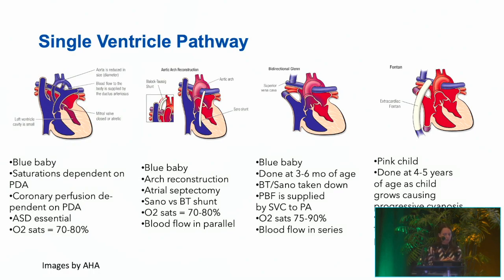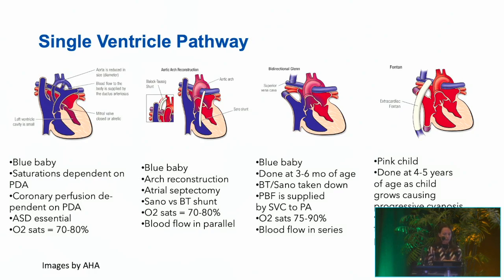And the pulmonary blood flow will be through a Sano or a BT shunt. The BT shunt is from the subclavian artery to the PA, and the Sano is from the RV to the PA. There's no real difference in outcomes in those. It's more institutional preference as far as which one is done as the source of pulmonary blood flow.